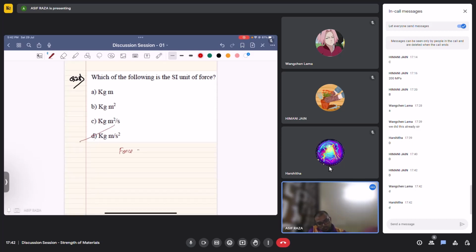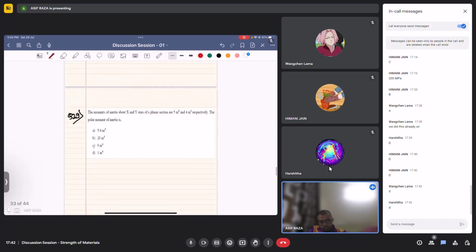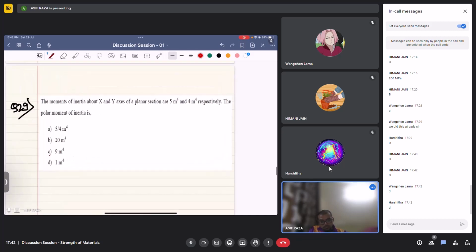Force is what? Mass times acceleration, right? Mass has a unit of kg, and acceleration is what? Meter per second square. So kg meter per second square. Exactly. Everyone has given the answer as option D. That's good. Moving on to the next question.